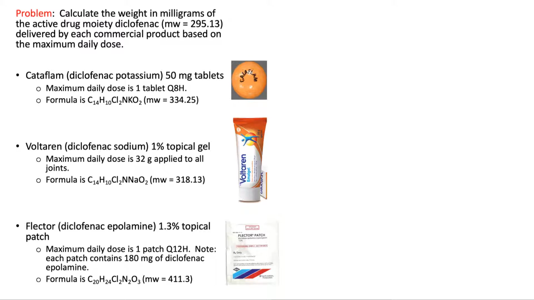And all of these different variations of the diclofenac are used to alleviate pain and discomfort at the site, but it's formulated very differently. So let's go through, and you can see that the numbers and the strengths are very different, and the actual daily amounts for each dosage form is different. Let's see if we can actually calculate the amount of active moiety that the patient would be delivered in each of these different dosage forms.